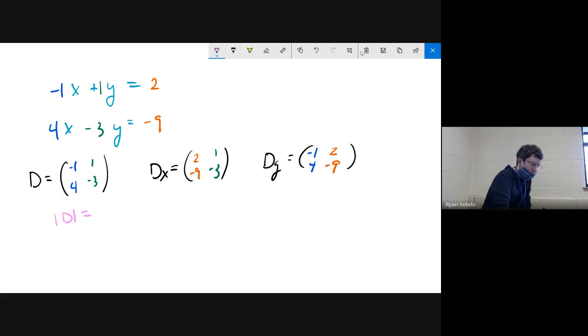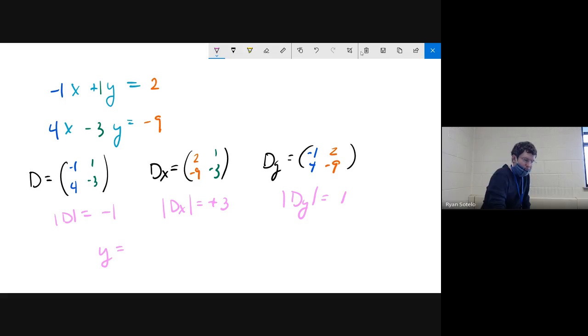Determinant of D is these multiplied minus these multiplied, so 3 minus 4. Determinant of this matrix is negative 6 plus 9, plus 3 then. And the determinant of this one is 9 minus 8.